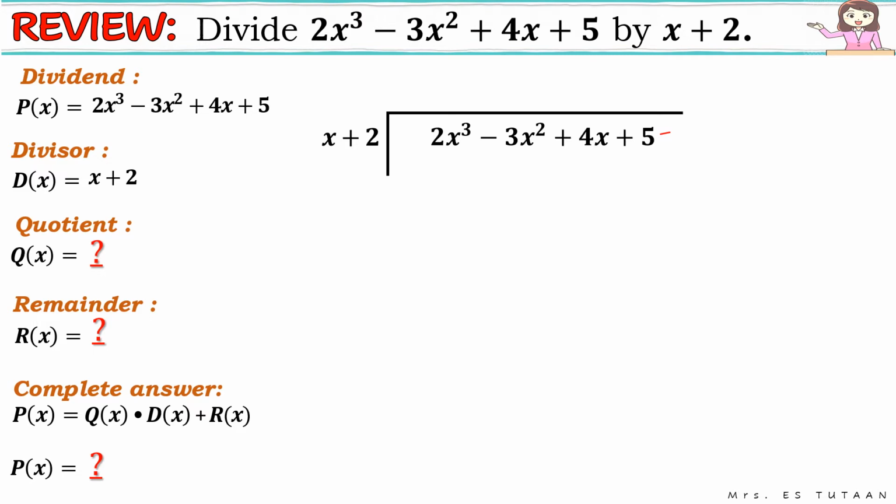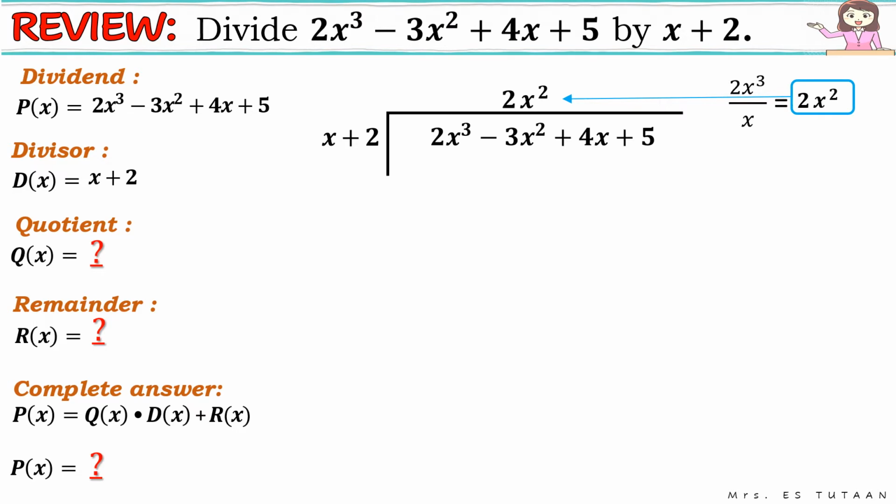So, proceed na tayo sa ating division. Ang una natin gagawin ay yung first term ng ating dividend divided by the first term of our divisor, which is 2x cubed divided by x, and that is equal to 2x squared. And, ayan ay ilalagay natin sa ating x squared term.